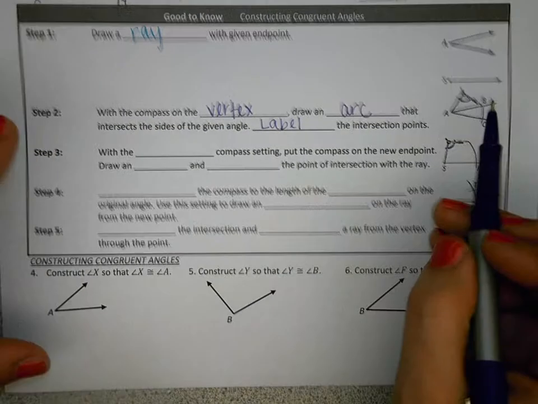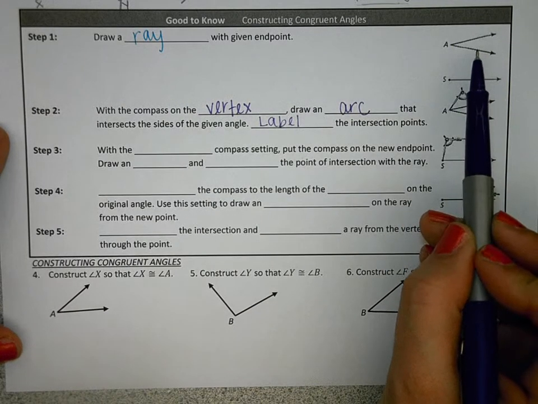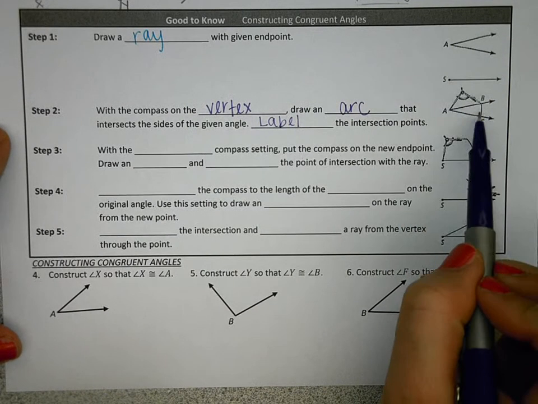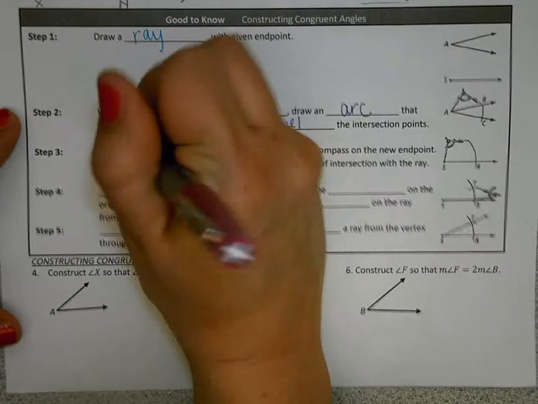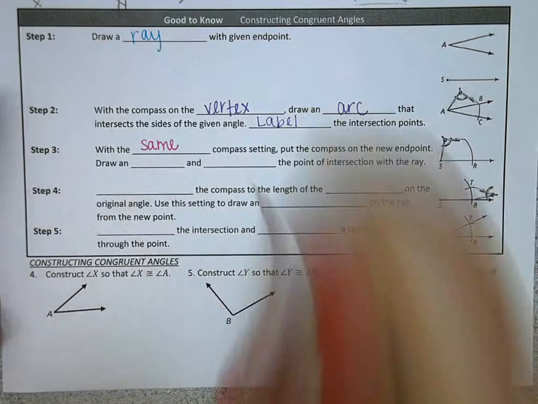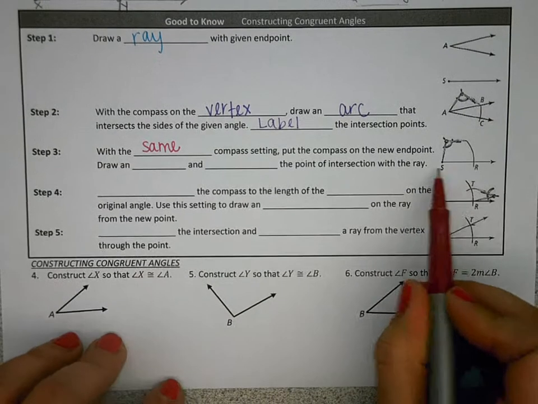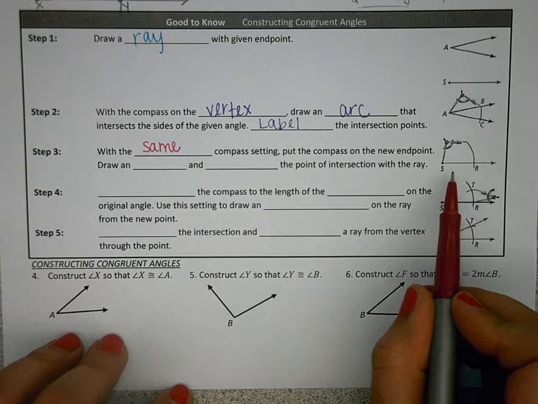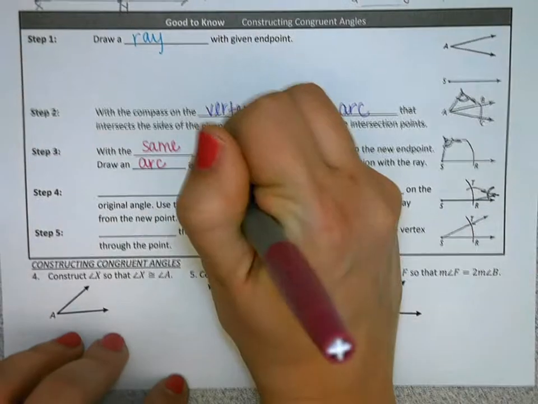So on the original angle, you're going to open up your compass however big you want, and draw an arc that intersects both legs of the angle. Okay? Now here's what we need to do. With the same compass setting, so you do not move it, put the compass on your new endpoint, and draw an arc and label the point of intersection.